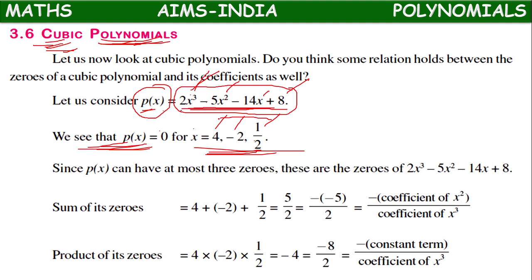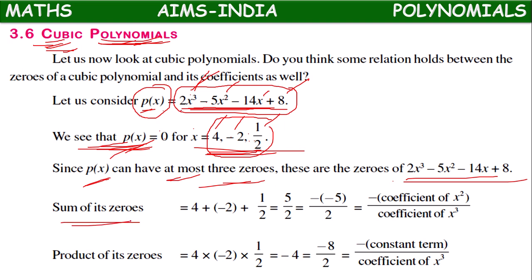Means for these three values of x, p of x will become 0. So p of x can have at most 3 zeros, and these three are the zeros of this cubic polynomial.